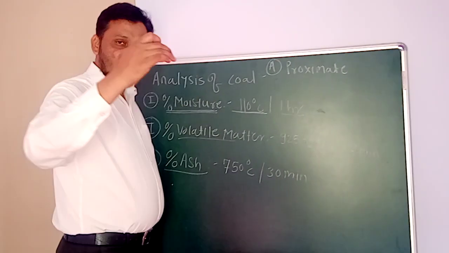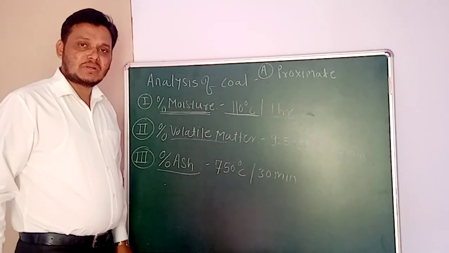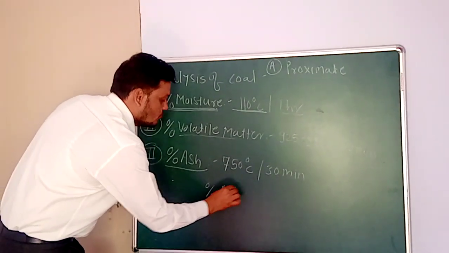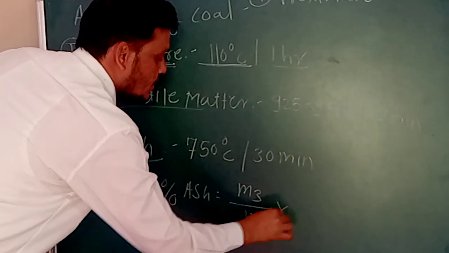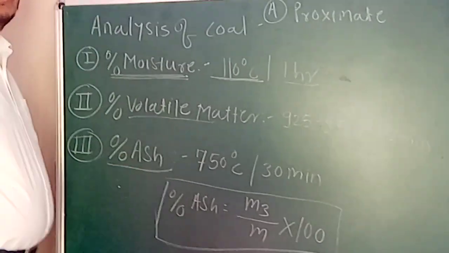Then weight of residue divided by weight of coal into 100 gives the percentage of ash. So the formula is percent ash equals M3 divided by M into 100.